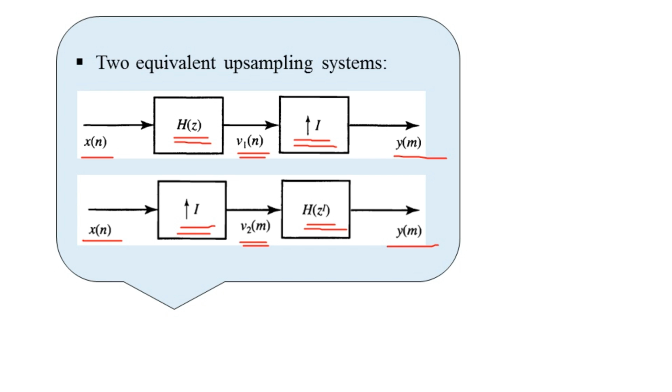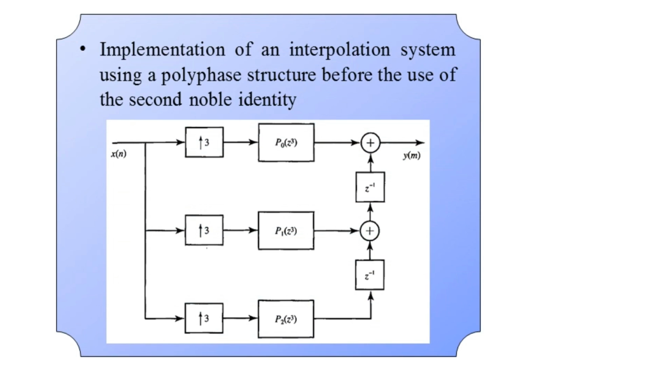Now again we are comparing the implementation of the interpolation system using a polyphase structure before and after the use of the second noble identity. Here in the first case, x of n is first fed to the upsampler, then the function P0 of z cube, then the summation here.